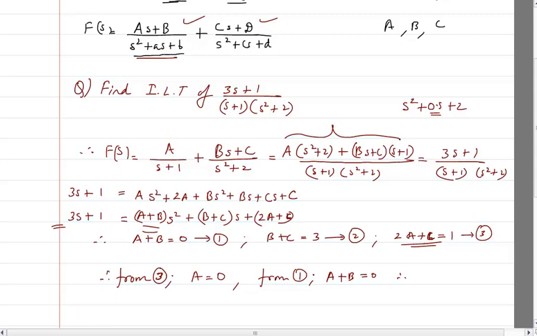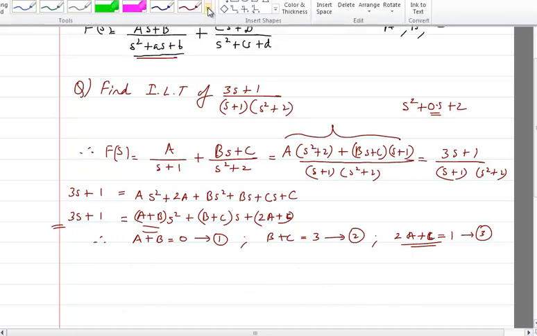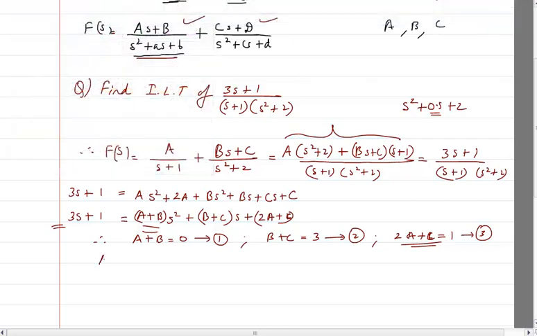Now here it is slightly difficult, therefore I will have to use a calculator. So how do I get it using a calculator? First I will write the equation in proper format. The first equation will be a + b + 0c = 0, which I will write as equation 4. The second one is 0a + b + c = 3.